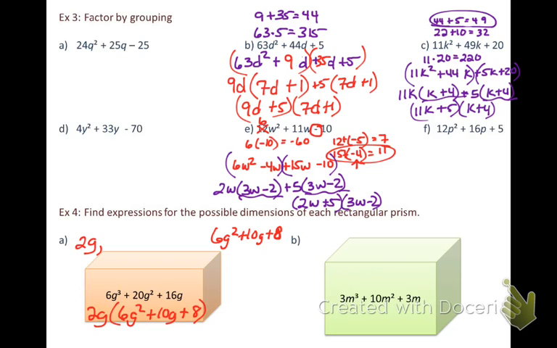So we're going to multiply 6 times 8. And that's 48. And let's find some factors of 48 that will get us 10.